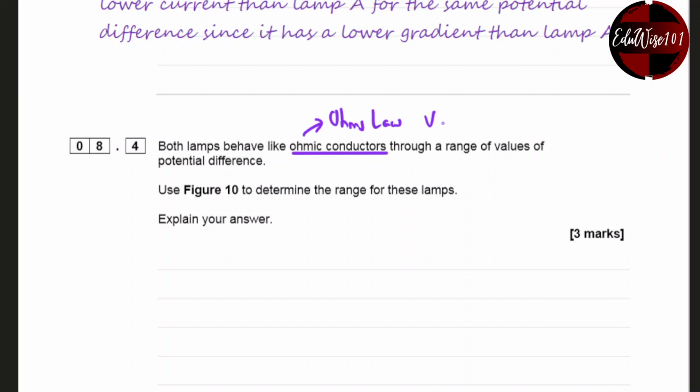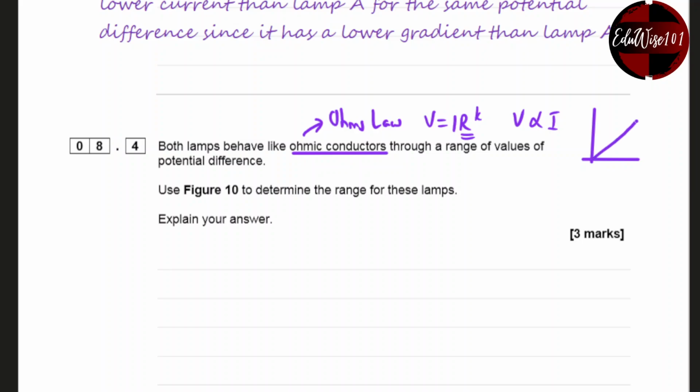Ohm's law is basically this equation, V equals IR. What does that tell you? It tells us that the voltage or the potential difference is directly proportional to the current, provided the resistance is kept constant.